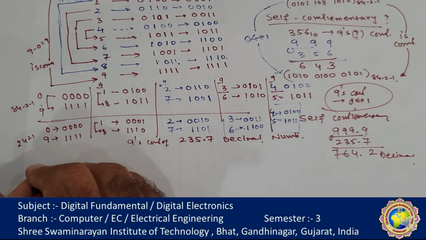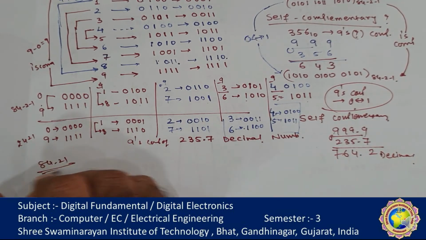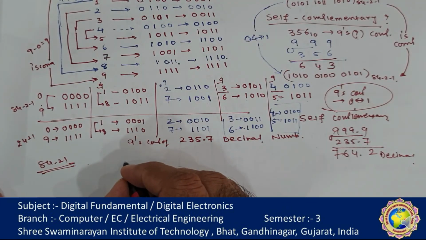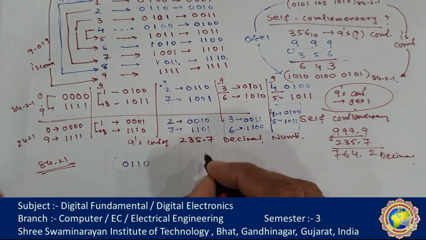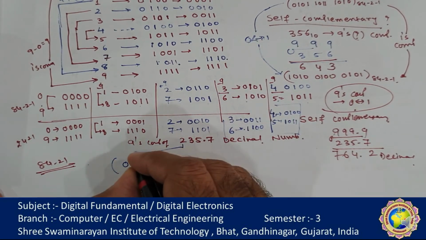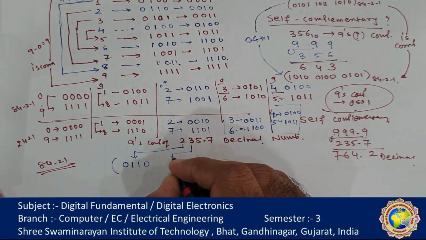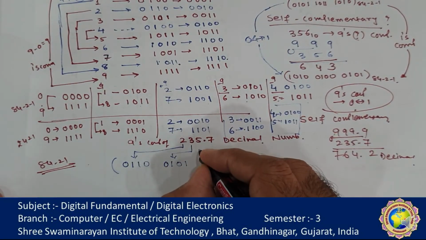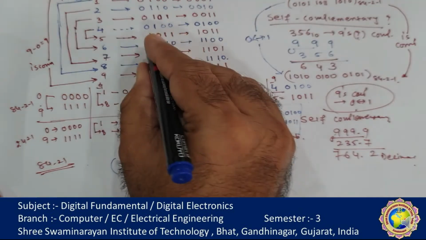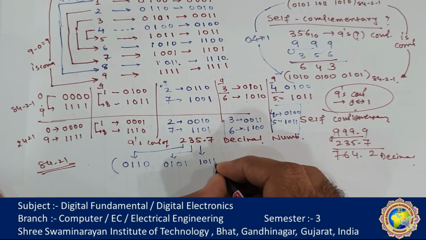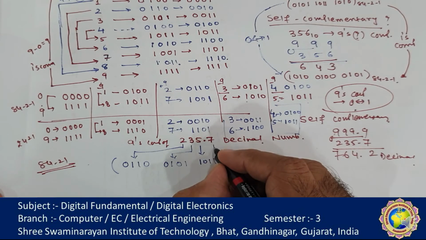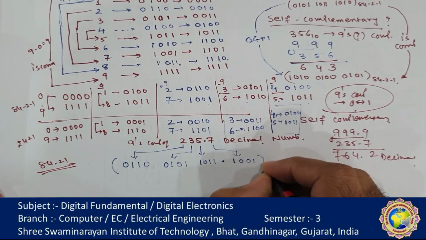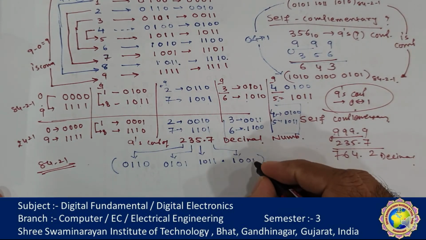While in 8 4 minus 2 minus 1 code, 2 is equal to 0 1 1 0. 3 is equal to 0 1 0 1. 5 is equal to 1 0 1 1, decimal dot, and the fraction part 7 is 1 0 0 1.